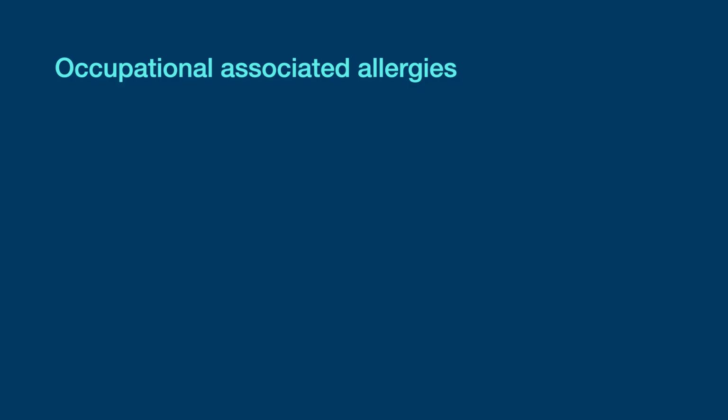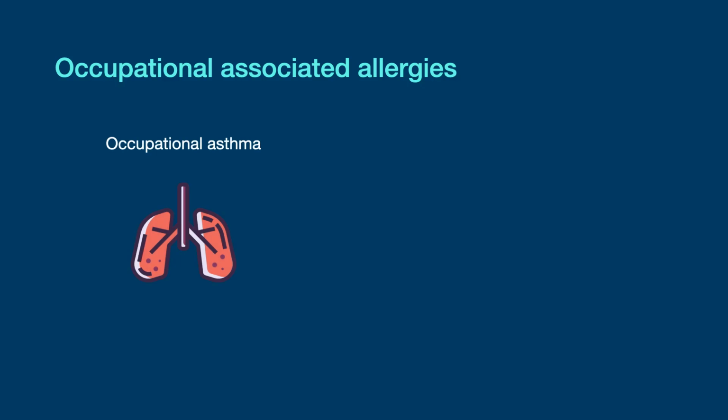Lastly, occupational associated allergies. Occupational associated allergies are immune diseases and are the most common illnesses that affect workers. They include occupational asthma and contact dermatitis, which have been reported to show increased incidence in those at occupational risk.